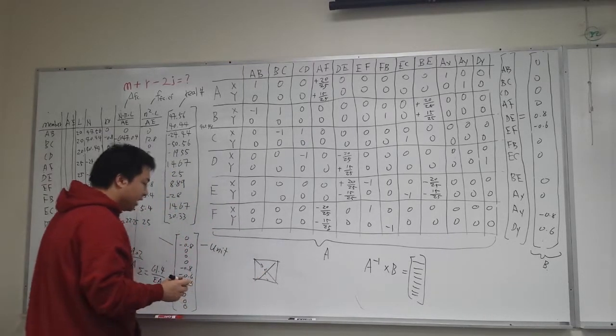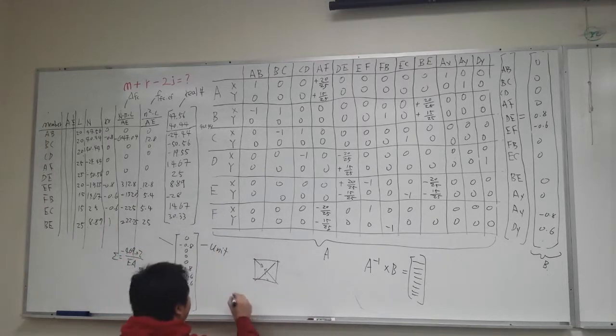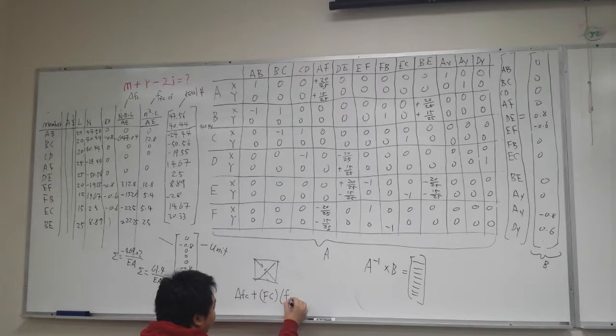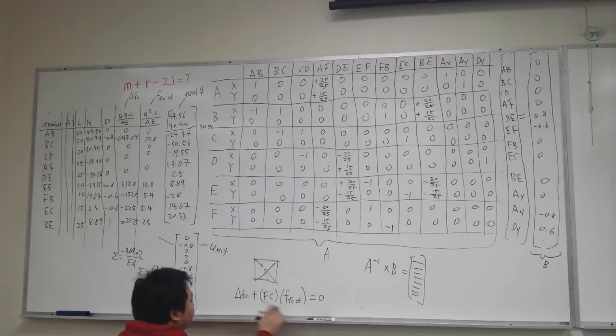So if you do that, you're going to have a formula: delta FC plus force FC, the internal force of this member, times FCF equals 0.